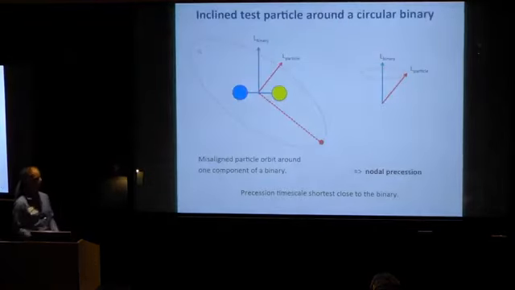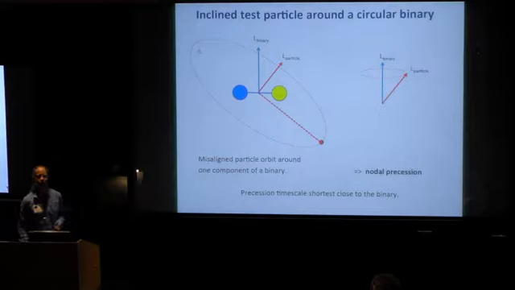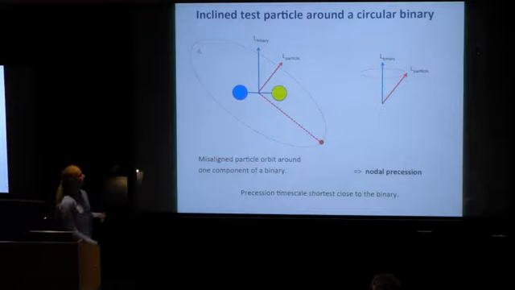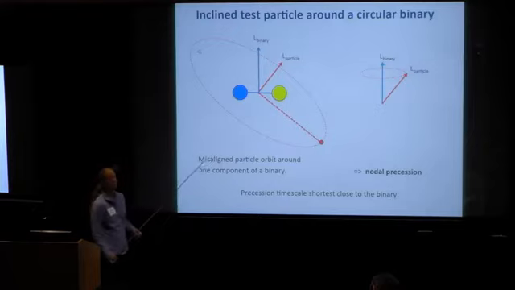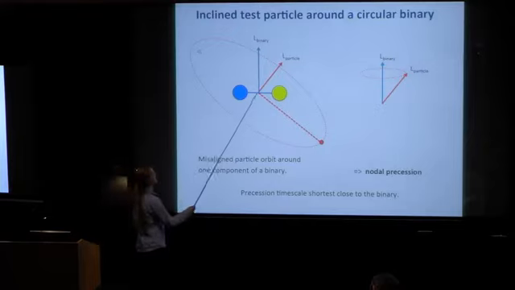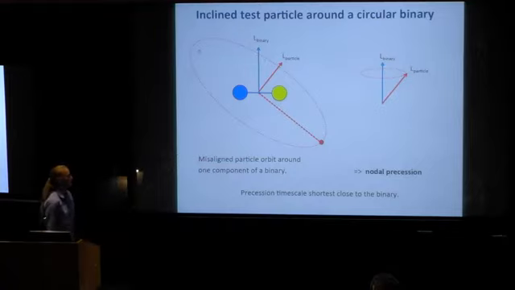Okay, so let's try to understand the dynamics of the circumbinary disk. The easiest thing first to understand is the orbit of a test particle. So we have the binary here. I'm initially just going to assume that this is a circular binary. This is the angular momentum vector of the binary. And we consider a misaligned test particle. So the angular momentum of the test particle is in this direction.